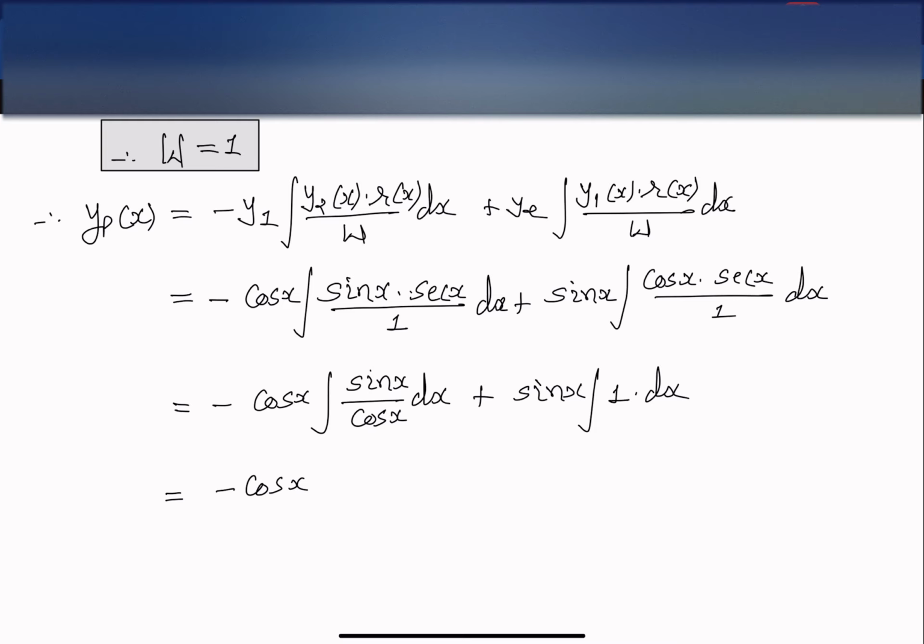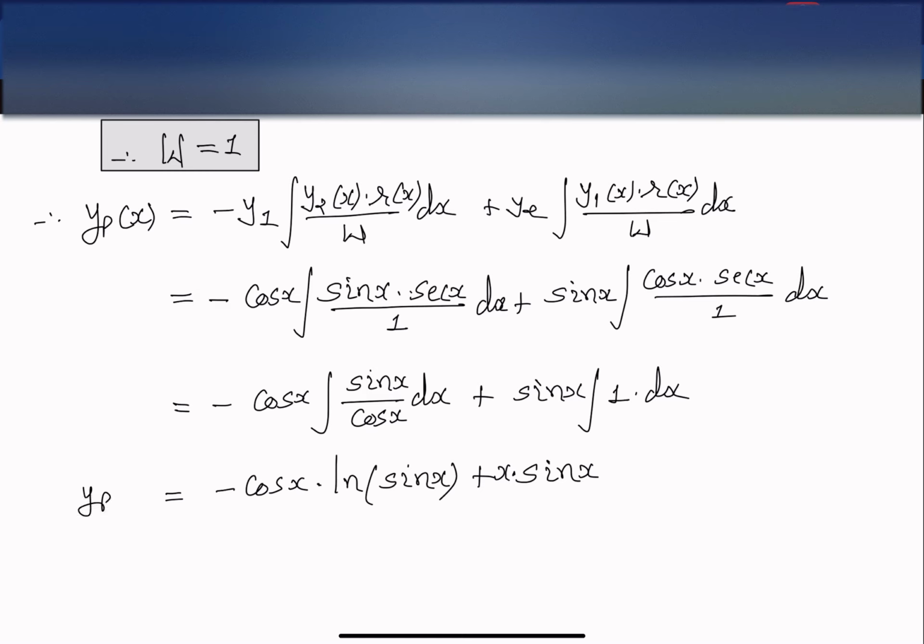What is this? sin x upon cos x is nothing but tan x. And what is the integration of tan x? Should I write ln mod sin x? So I am writing ln sin x, right? Plus sin x as it is. What is integration of 1 with respect to x? It is x. So let me write x into sin x.